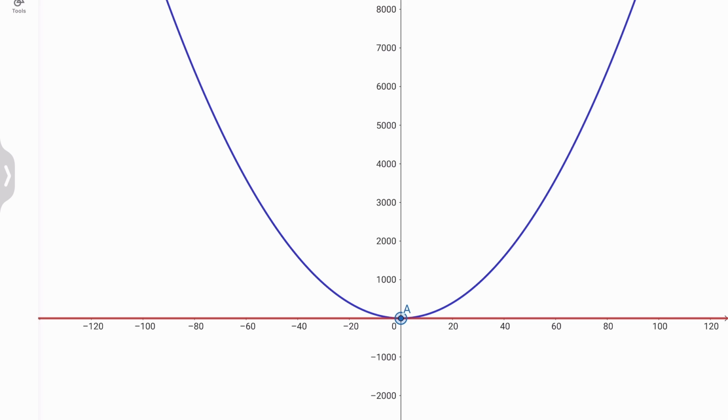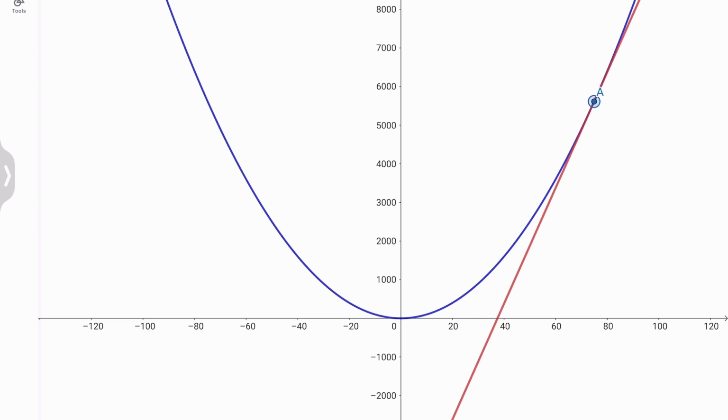So we've got y equals x squared and we've got a tangent to the curve. Now if I move this tangent over to the left, watch how the gradient of this tangent changes for increasing values of x as we move to the right of the curve. Can you see that the gradient of a tangent is always increasing?